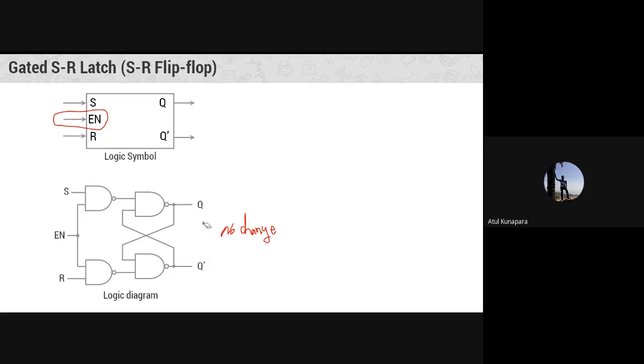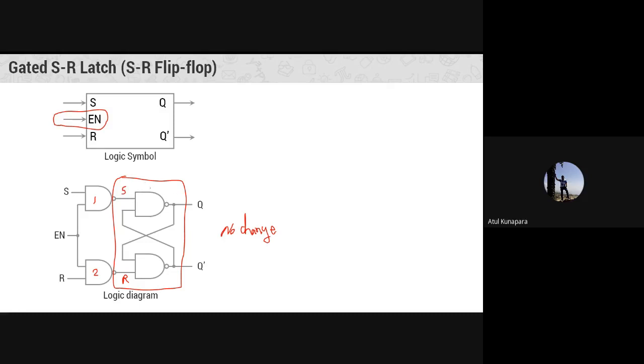Okay. So what I'm saying is, suppose this is your latch. This much part is your latch. Right now you forget about NAND gate number 1 and 2. You directly consider that you are giving your R input here and you are giving your S input here. So that is your NAND gate latch.